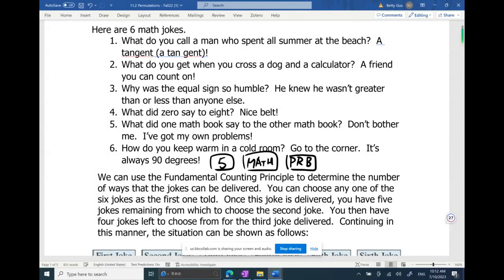PRB represents probability. And you will see a list of items on this menu. The second one is NPR. You enter that, and then you enter 3, and then you press enter, and it will give you the value.